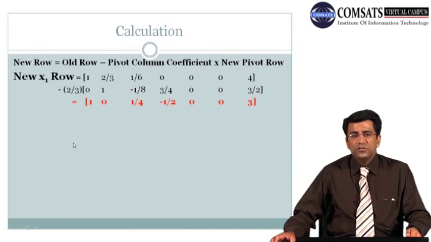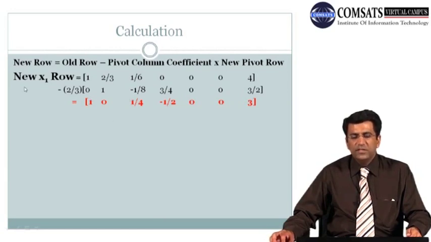Next, we compute the rows other than the pivot row using this formula: new row is equal to old row minus pivot column coefficient times new pivot row. First, the new x1 row is equal to the old x1 row, that is, the x1 row in the previous table, minus the pivot column coefficient times the new pivot row.